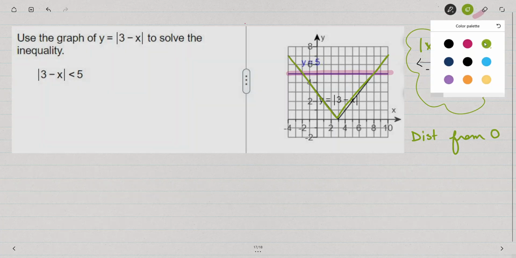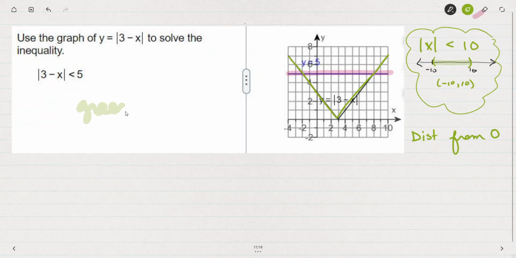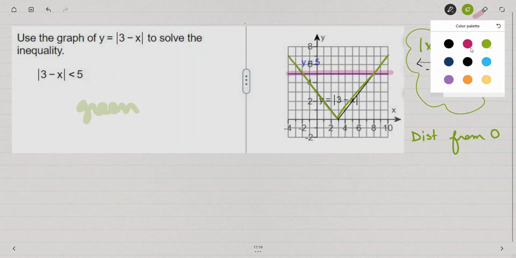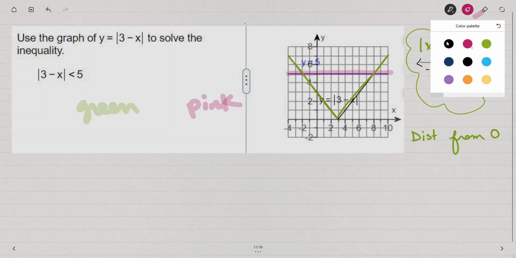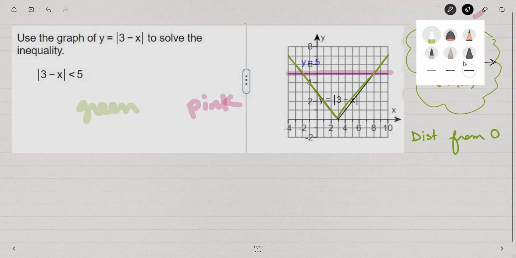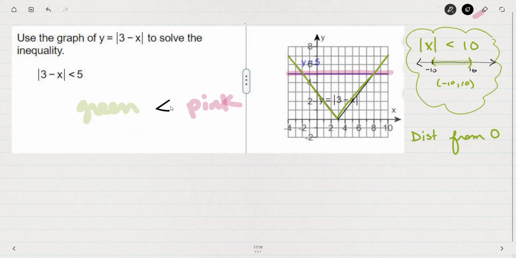So what if I just said this, green less than pink? Just looking at the graph rather than the inequality, do you see all the x values where the green is falling under the pink?